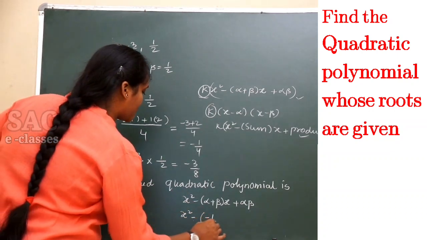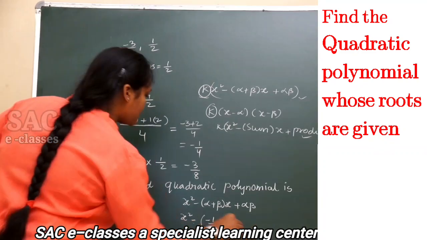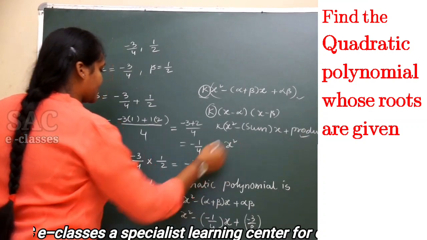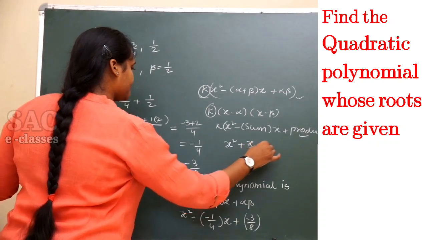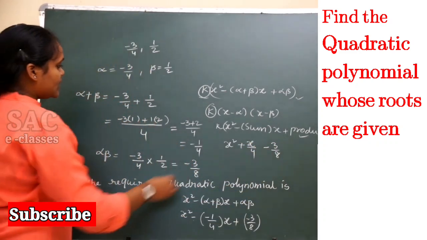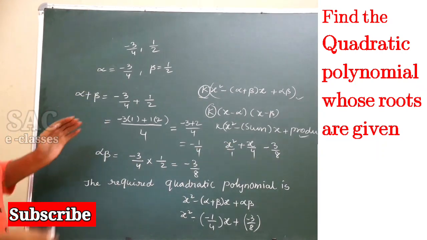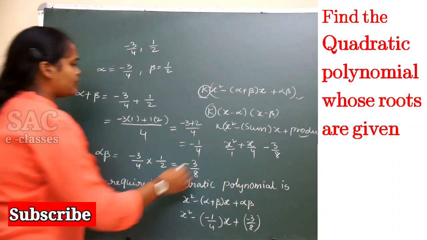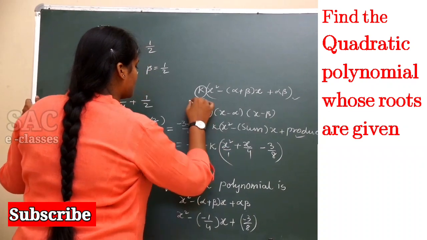It is minus 1 by 4 into x plus alpha beta, which is minus 3 by 8. So what we have to do? x square plus x by 4 minus 3 by 8. Clearly, if you don't want to leave this with denominators like this, it is better to simplify. You can take it into k. If you have not written it also, no issues.